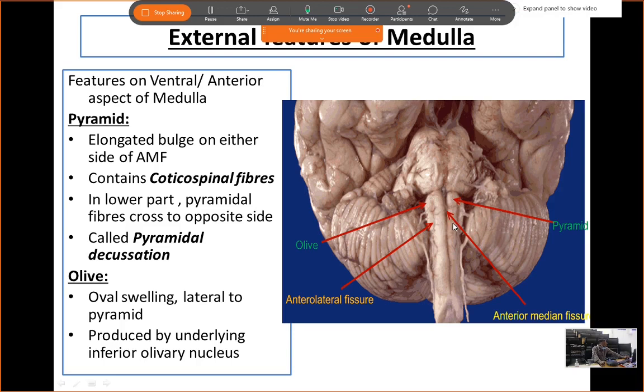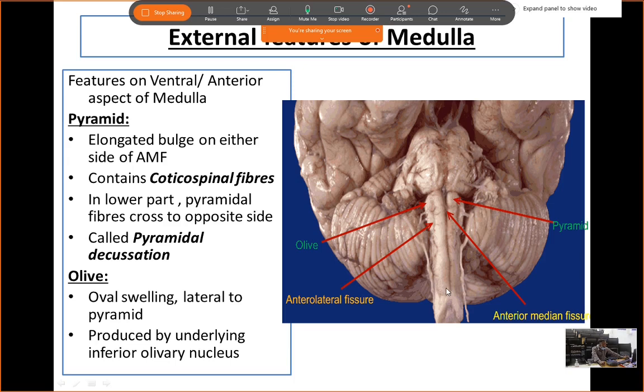This elevation is produced by the corticospinal fibers, or motor fibers, or descending fibers. From the cerebral cortex, fibers go to the spinal cord, that is why they are called corticospinal fibers. Due to these corticospinal fibers, there is an elevation on either side of the anterior median fissure, and this is known as the pyramid.